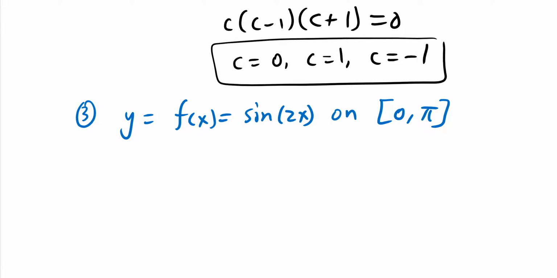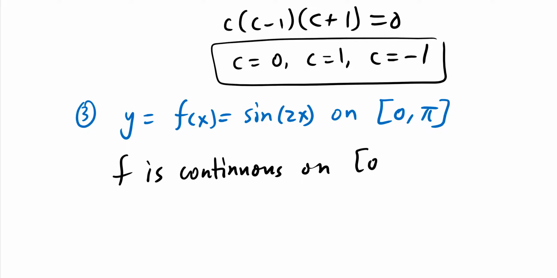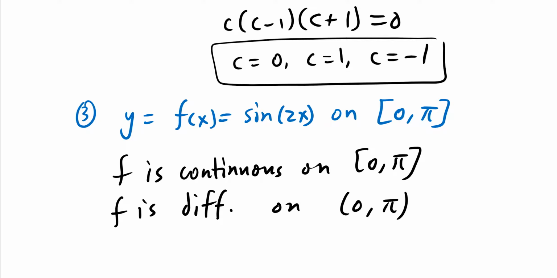Well, we all know that this trig function, sine 2x from 0 to pi, f is continuous on the closed interval 0 to pi. F is differentiable on the open interval 0 to pi.